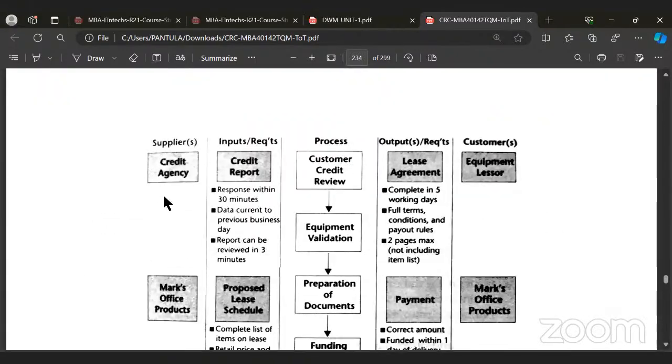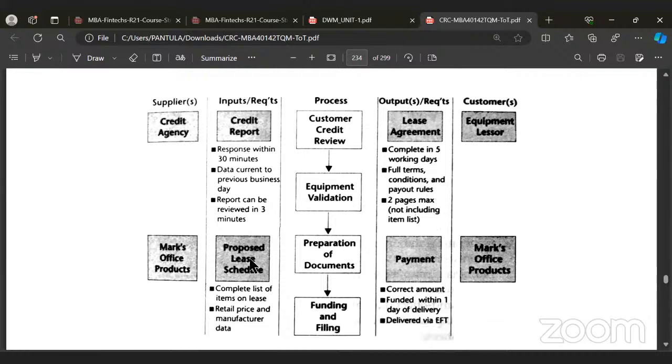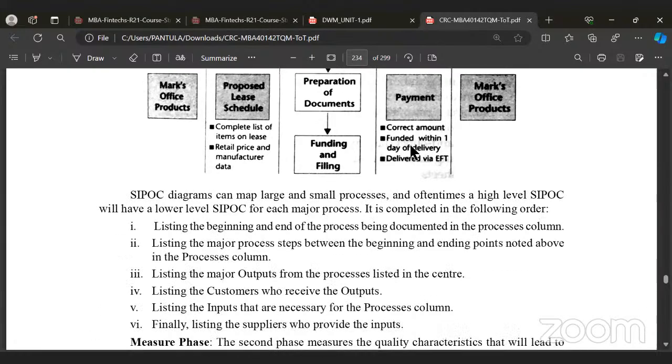You can see here: credit agency, suppliers, inputs, process, outputs, customer. Suppliers are the credit agency and marketing office; inputs are credit reports and proposed lease; the process is customer credit review, equipment validation, preparation of documents, funding, and billing; and the output is the lease agreement and payment, with the equipment leased.